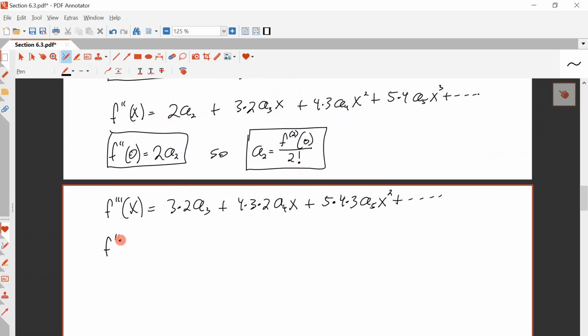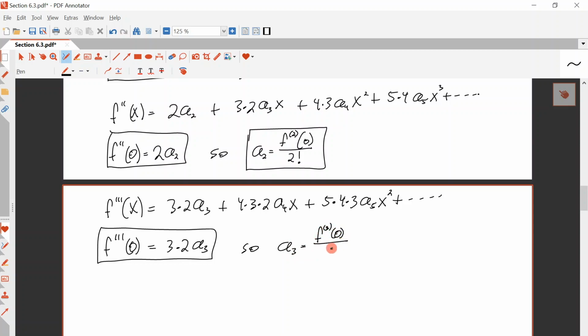So f triple prime at 0 is 3 times 2 a3, which is 6a3, and these are all 0. So a3 is equal to the third derivative at 0 over 3 times 2, but that's 3 factorial, etc., etc., etc.